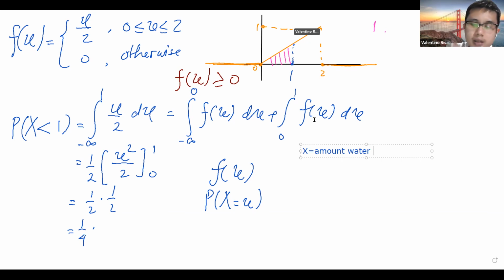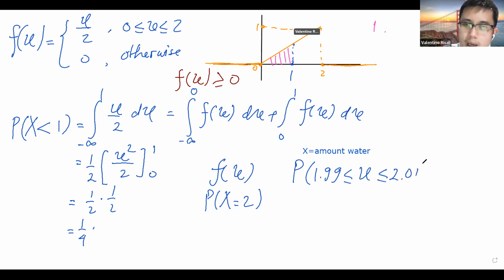So in the continuous case, our approach is to only find the probability of an interval. For example, we cannot find the probability of x exactly 2, but we can find the probability of x between 1.99 and 2.01. It is possible for a PDF, but we cannot find these values directly.